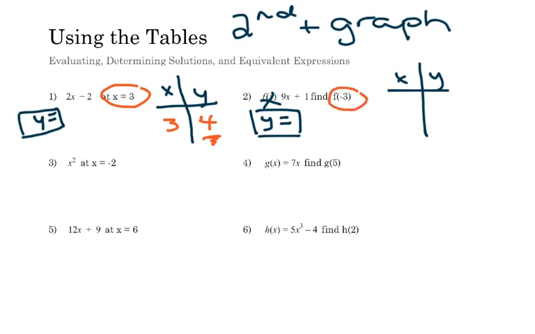F of negative 3 means I want the value of the function at negative 3. In this case, there is a negative 26. That is my answer.